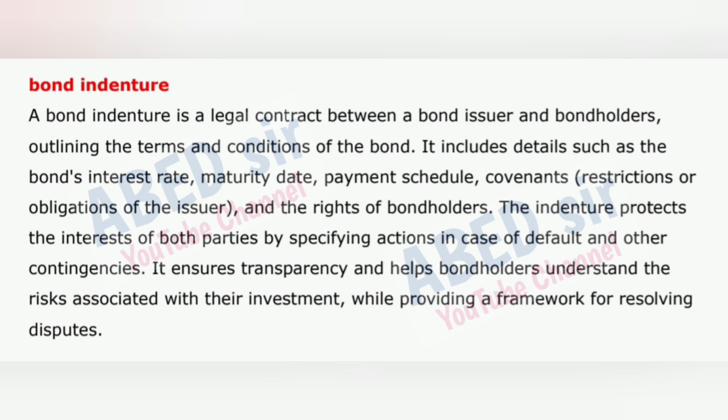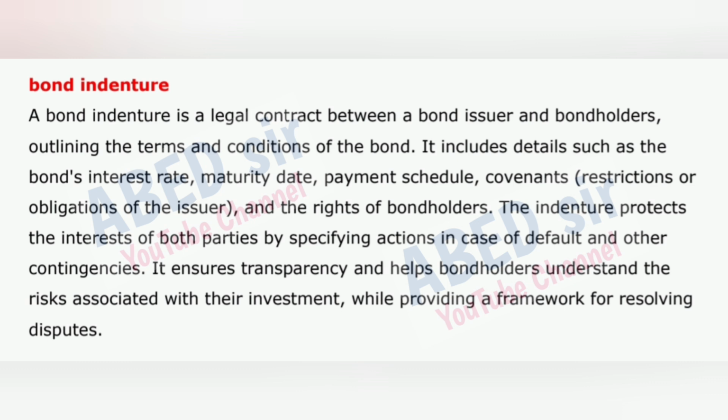A bond indenture is a legal contract between a bond issuer and bondholders, outlining the terms and conditions of the bond. It includes details such as the bond's interest rate, maturity date, payment schedule, covenants, restrictions or obligations of the issuer, and the rights of bondholders.